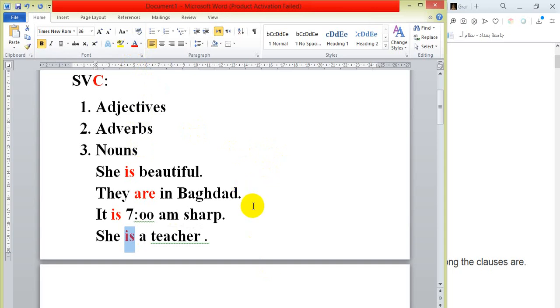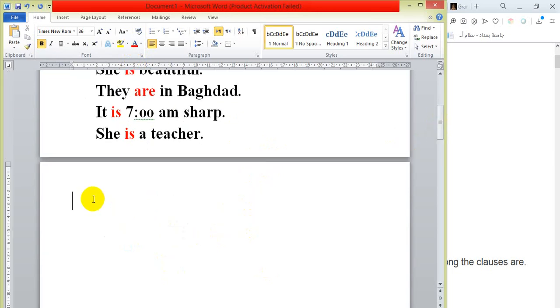We have other verbs that function just like verb to be, as I told you. For instance, here we have the verbs seem, appear. For instance, she seems happy.